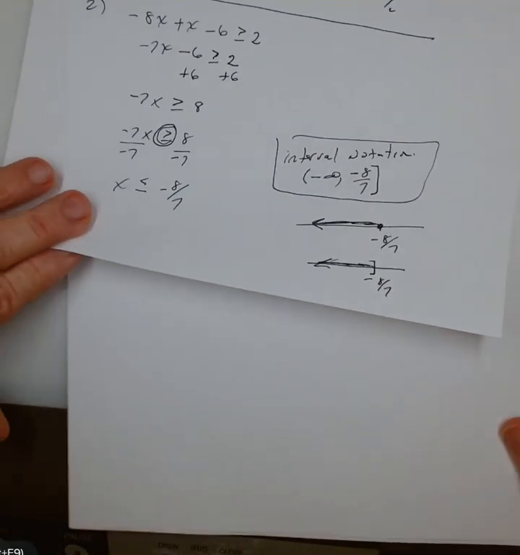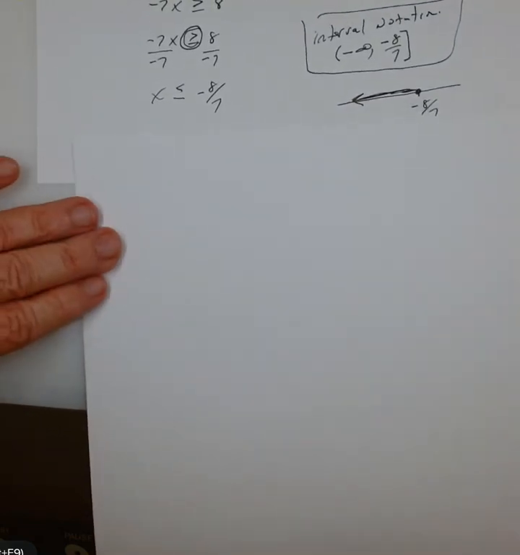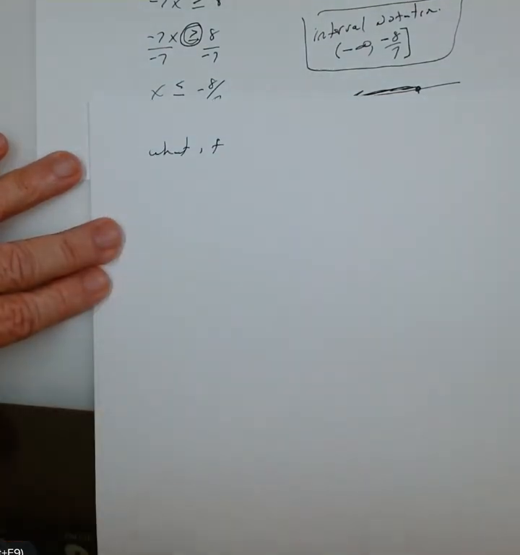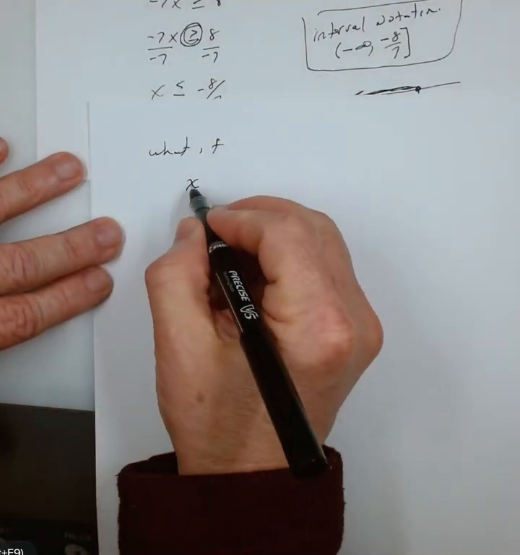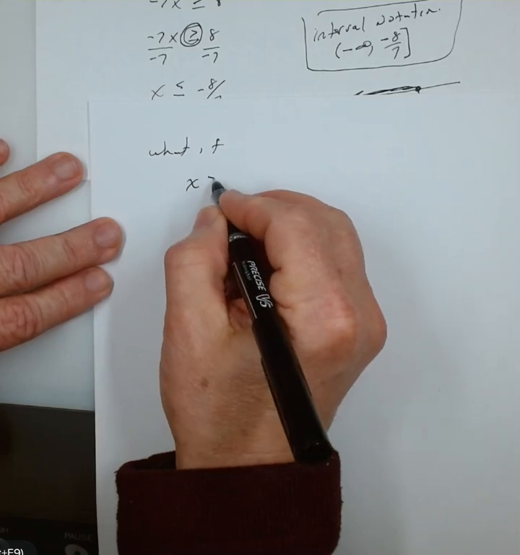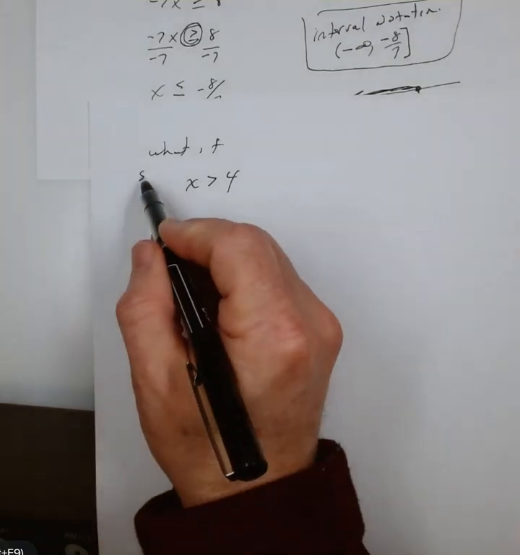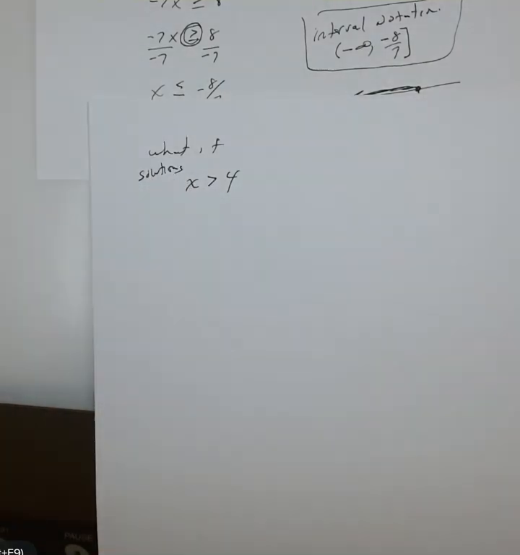All right. So this is not going to be number 3, but what if you solve the linear inequality, and this time it said this: x is greater than 4. What are the solutions, any number greater than 4? What would the interval notation look like? Open circle. You don't use circles in interval notation. You can use them with graphs. But would it be bracket or parentheses?